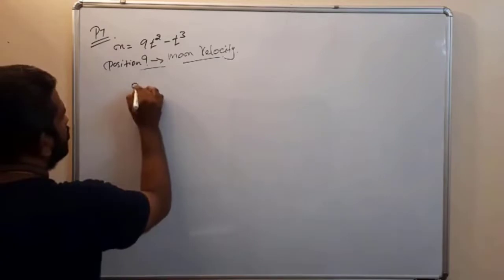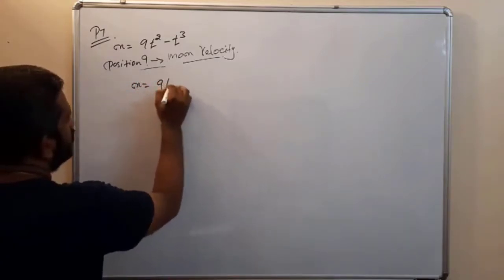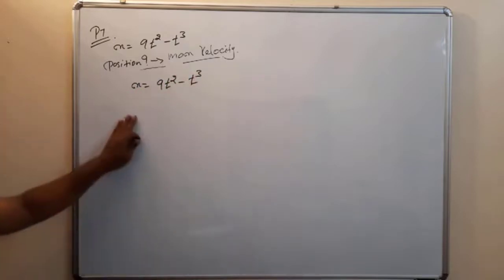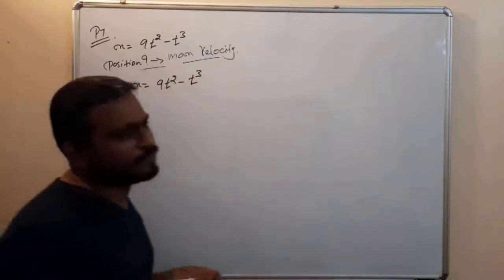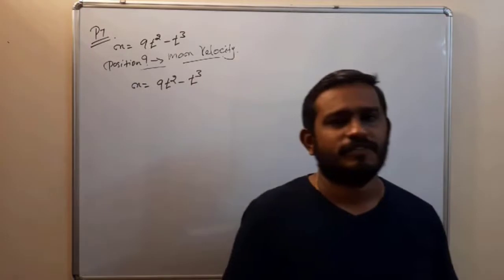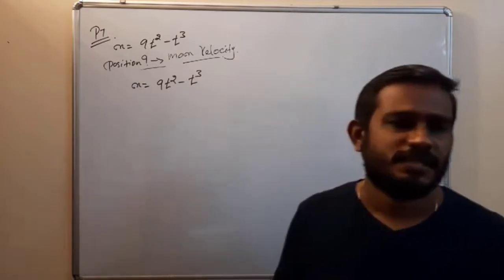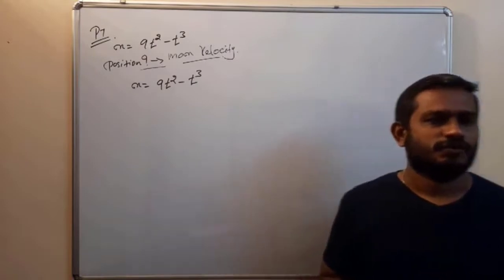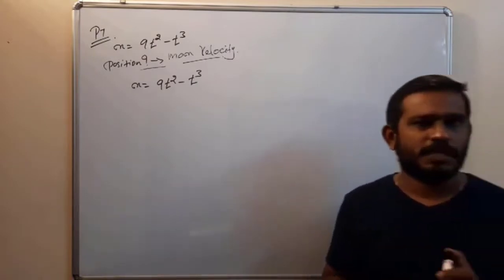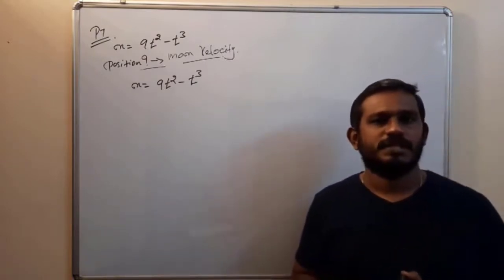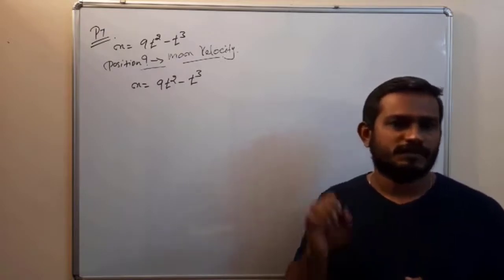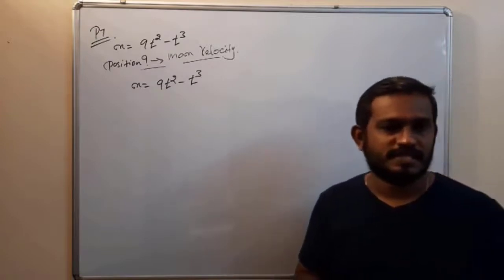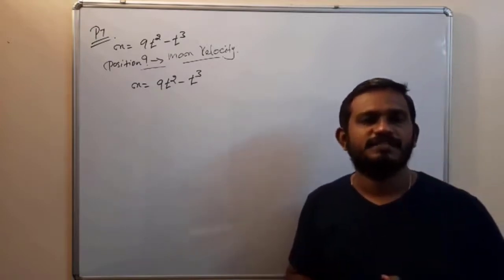So x equal to 9t square minus t cube. Here we will use the concept of maxima and minima of a function. If you don't have the idea of maxima and minima of a function, go to the Physics 2020 and the mathematical support for physics video, that is differentiation.